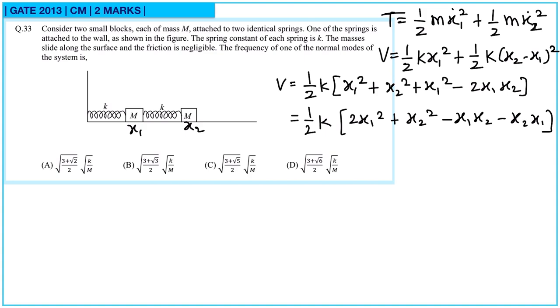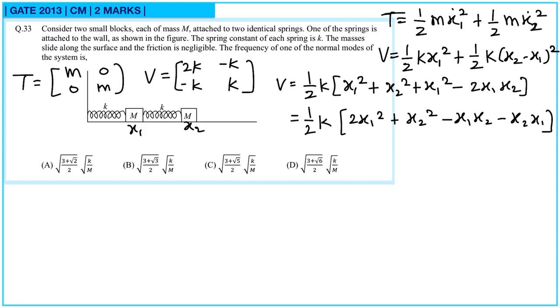Now this can be written in matrix form. So in matrix form, kinetic energy is half, we will not consider here. So we have m here. So this is m 0 0 m. And for potential energy, here we have 2k and minus k, minus k and k.